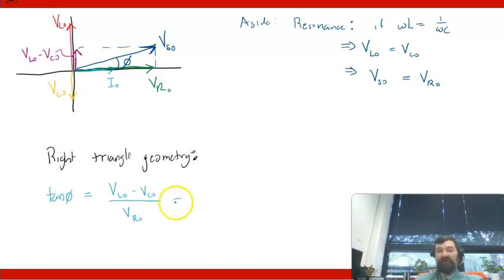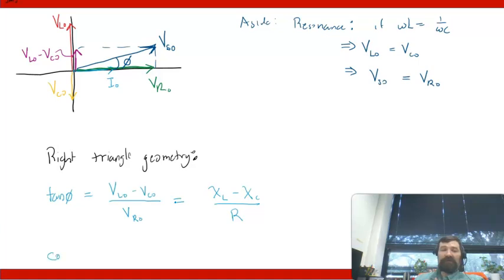Now, in terms of the current and of the reactances, this ends up being the reactance of the inductor minus the reactance of the capacitor divided by the resistance. There's an I naught term on both top and bottom that cancel.